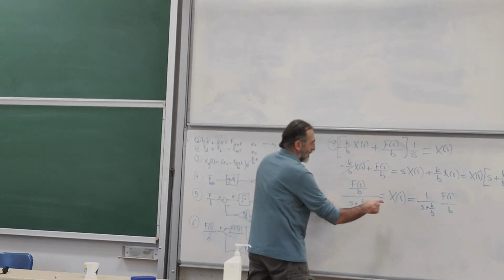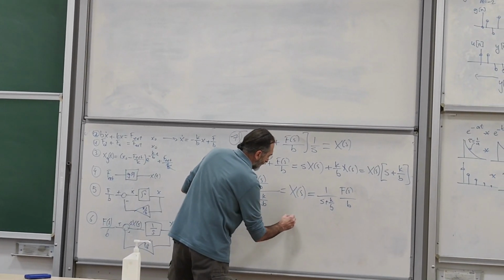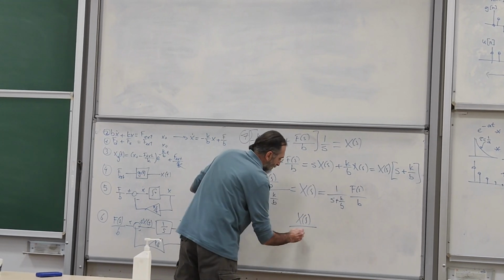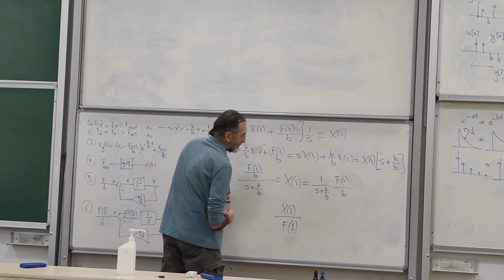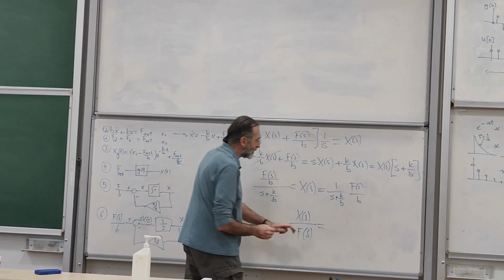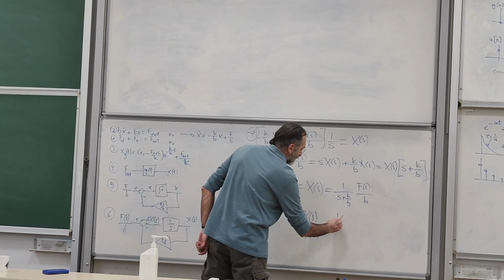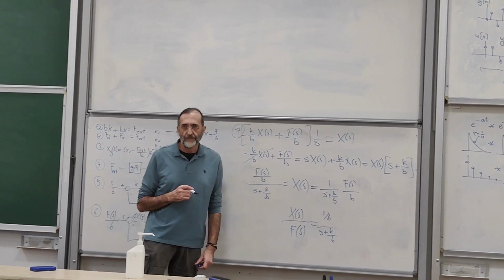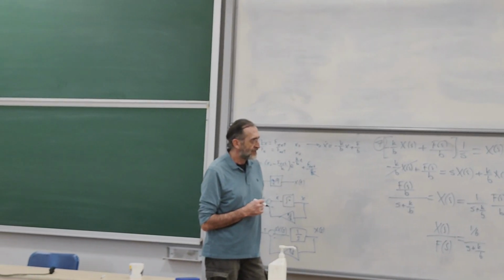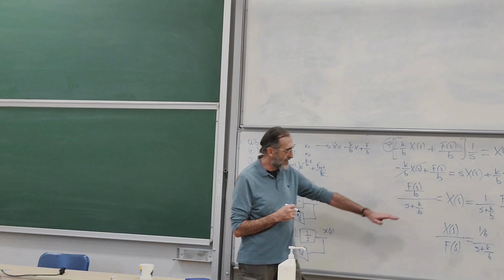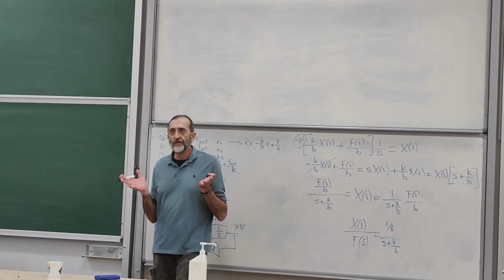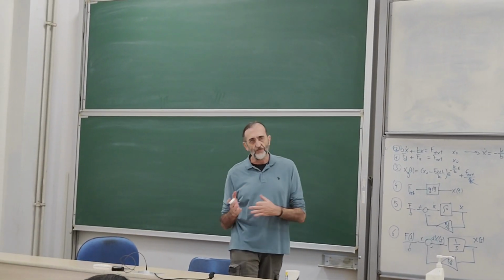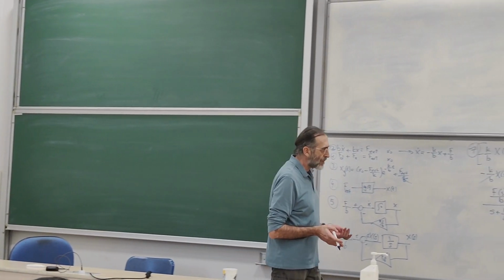So, X of S is the output, divided by the input, F of S, is equal to whatever is left in here: 1 over B S plus K over B. Okay? Right? The same thing. All algebra, nothing devious here, nothing difficult. Multiplication, division, subtraction, addition. That's all.